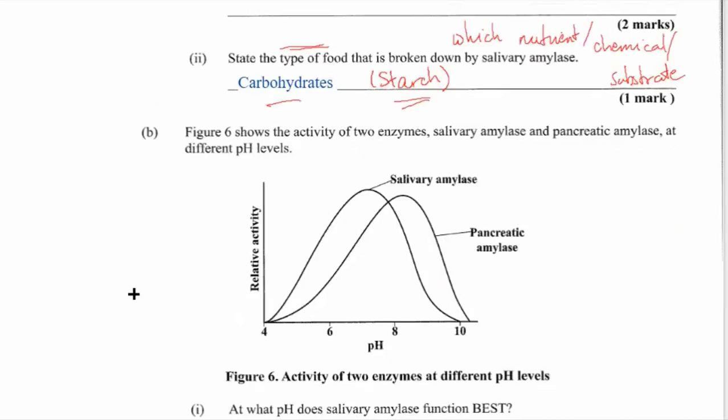Right, so we have a graph and it's essentially an interpretation of a graph. So as usual, let's look at the diagram first. So we have here on the y-axis, relative activity, and the x-axis of pH. The title of the graph is activity of two enzymes at different pH levels. When we talk about relative activity, we are talking about the activity of an enzyme. And what does an enzyme do?